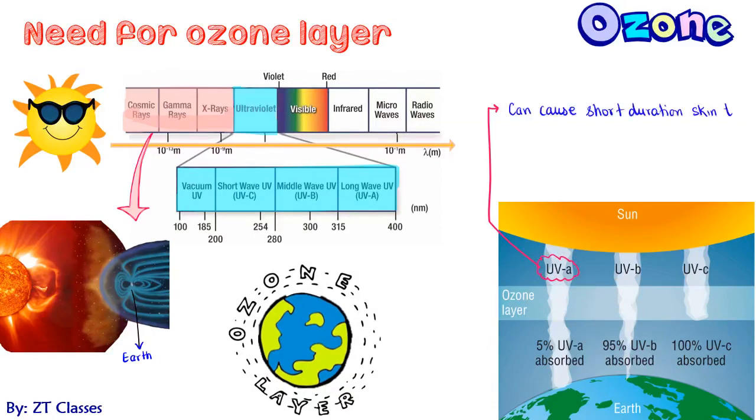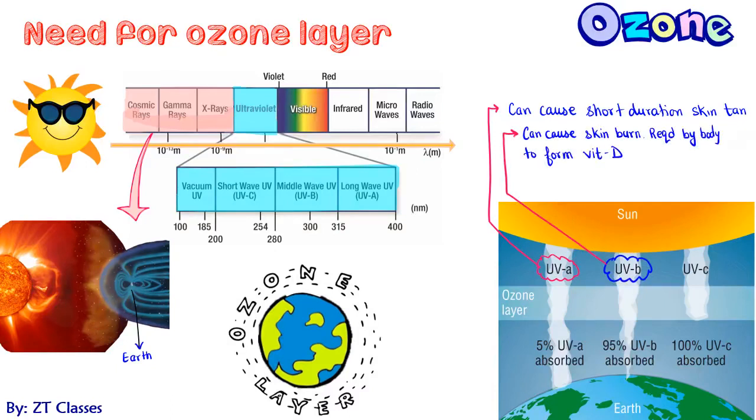This can be seen by a few animals and can cause skin tanning for a few hours, but no permanent damage. UVB, on the other hand, can cause skin burn, and these are the UV rays required by our body to make vitamin D. UVC, which is shielded totally by the ozone layer, is the most dangerous one, and can cause skin cancer.